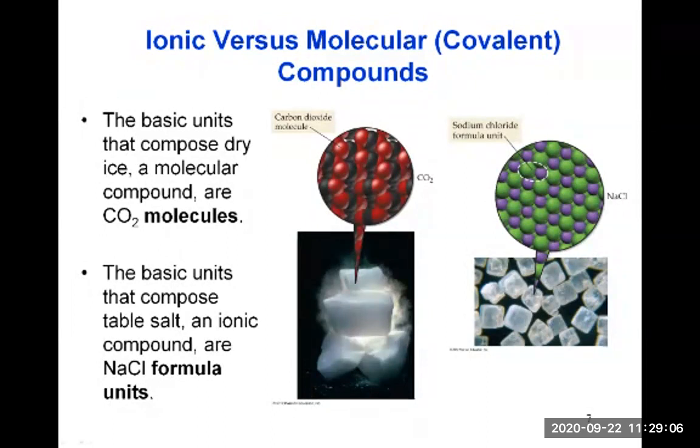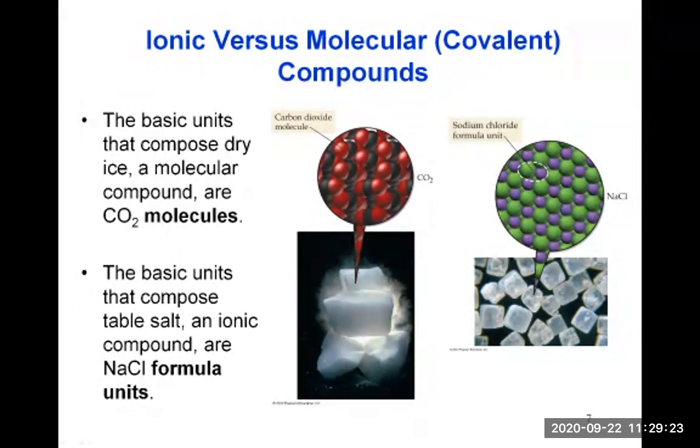So what is ionic bonding versus molecular, or also covalent, bonding? Note how molecular is synonymous with covalent. You can use one or the other and it means the same thing.